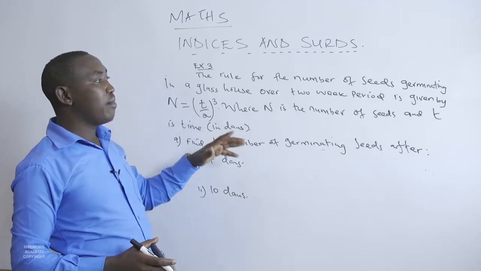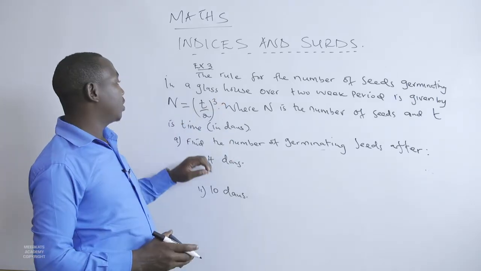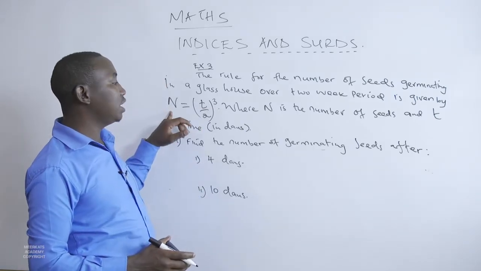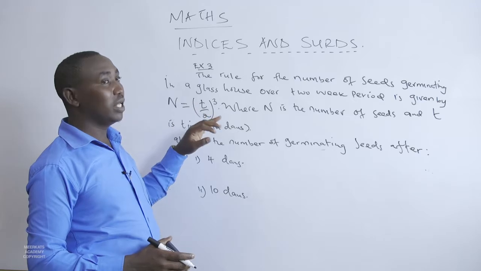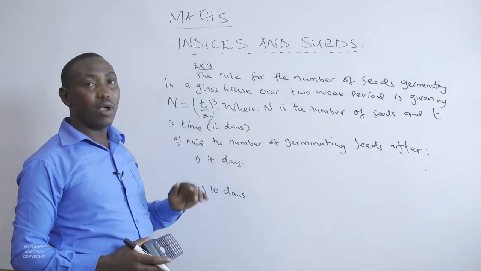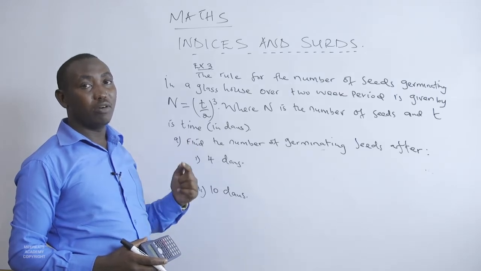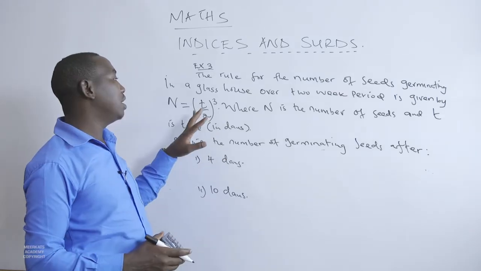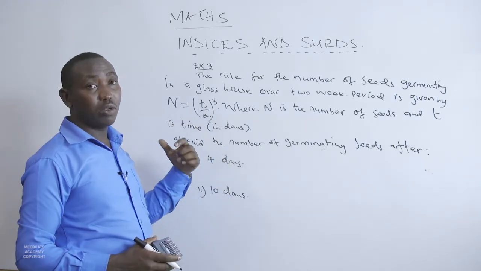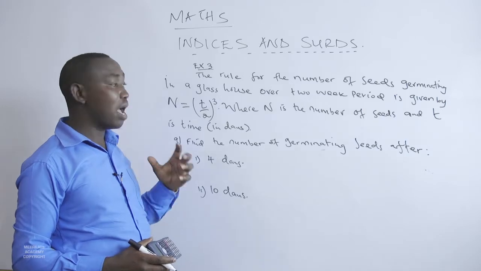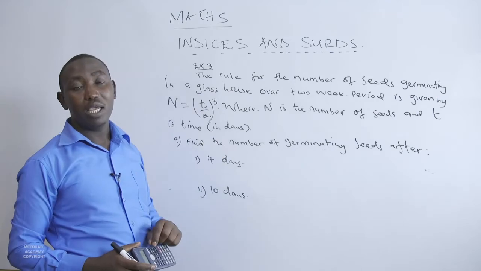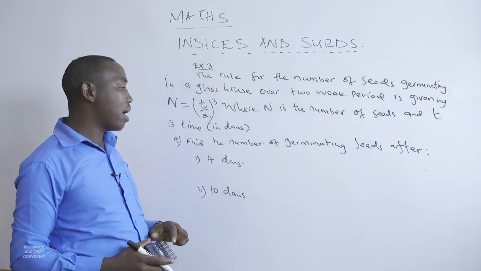Now you have been told that the number of these germinating seeds is growing following this particular rule. That is, the number of the seeds is equal to a half of the time raised to the power of 3. You will recall that in this case we are going to use the extension of the laws of powers, especially that deals with division. And you recall we had said that whenever we have either multiplication or division of 2 or more numbers or pronumerals, then raised to a given power, each number independently is going to be raised to that particular power.